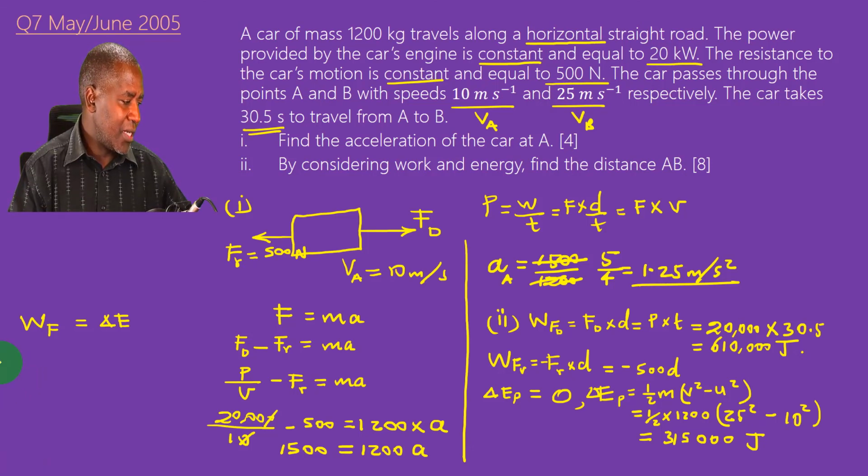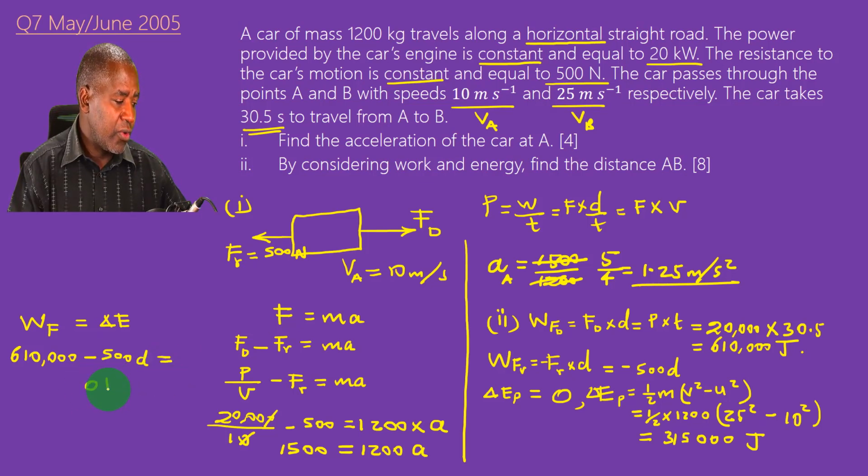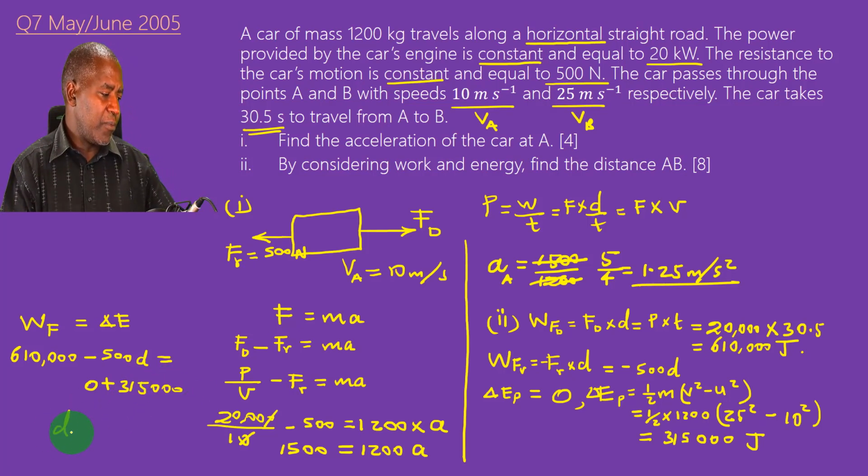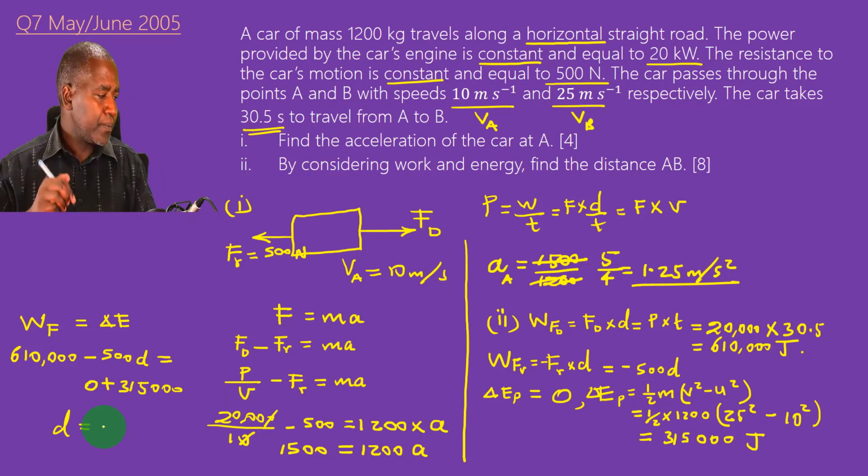So I've got the work done by the driving force, which is 610,000, plus minus 500D, is equal to the gain in potential, which is 0, plus the gain in kinetic, which is 315,000. So this is the arrangement in order for me to get D.